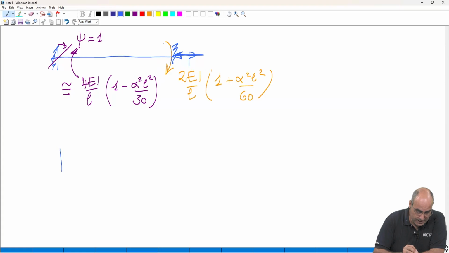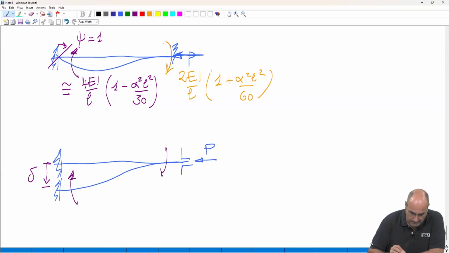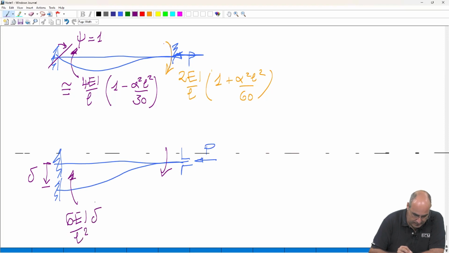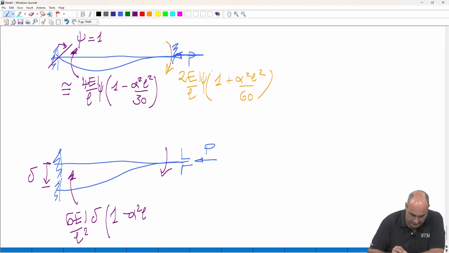And in the other case, you have bending moments here which are 6EJ over L square delta, times 1 minus alpha square L square over 60.